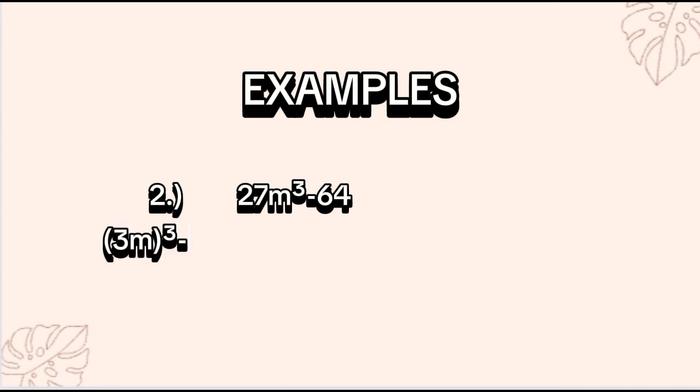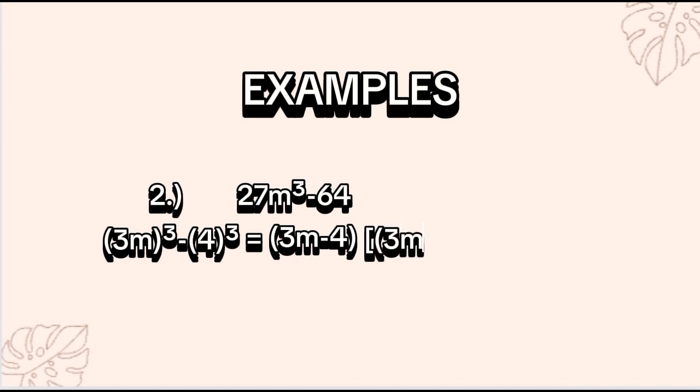Number 2. The given problem 27m cubed minus 64. So the cube root of 27m cubed is 3m, minus the cube root of 64 is 4. So 3m cubed minus 4 cubed is equal to the quantity, the cube root of 3m cubed is 3m, minus the cube root of 4 cubed is 4, times the quantity. The square of 3m is 3m squared.